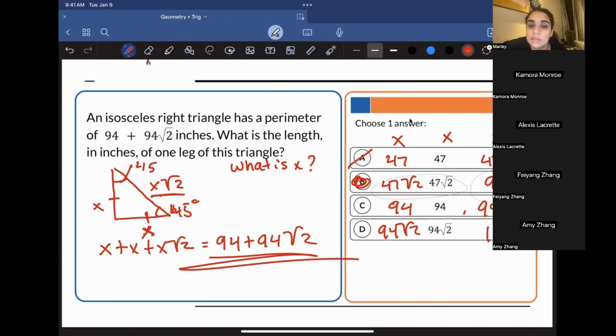Yeah, to solve for x algebraically, you would square both sides and then use FOIL. And I found that to take too much time, so I just liked the plug and chug method, but you can totally do that. And there's another question that says, wouldn't we do 94 divided by 2 to get x? No. We would do 94 divided by root 2 to get x.